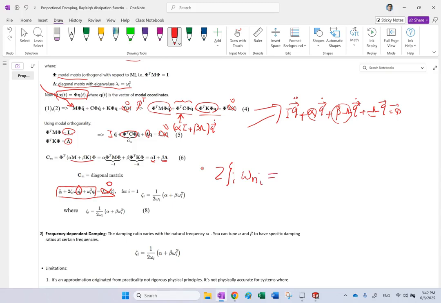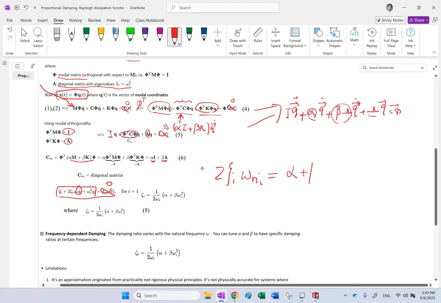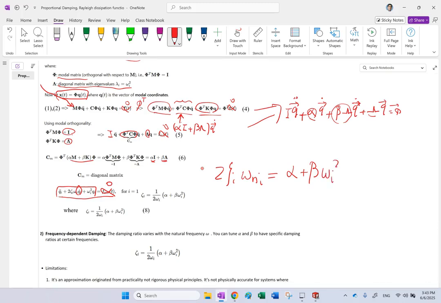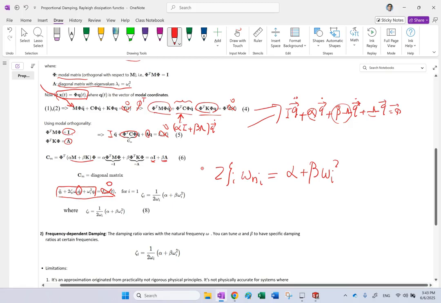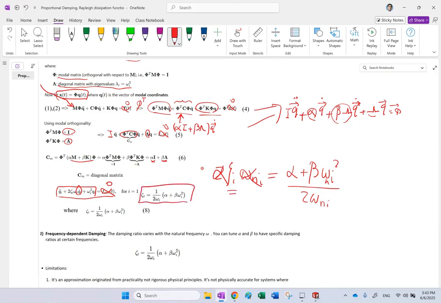In here, the coefficient is alpha plus beta times lambda, and lambda_i is omega_i squared. There we go. So now all I need is to divide both sides by 2 omega_ni, and that is my damping ratio, which is this formula.